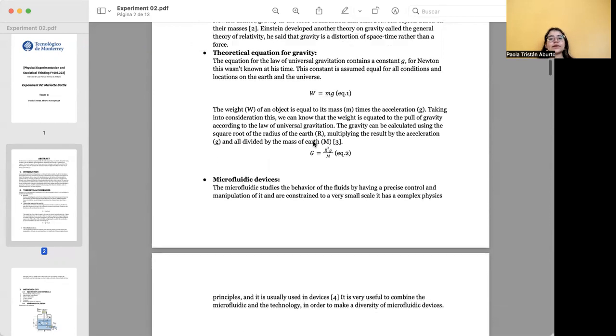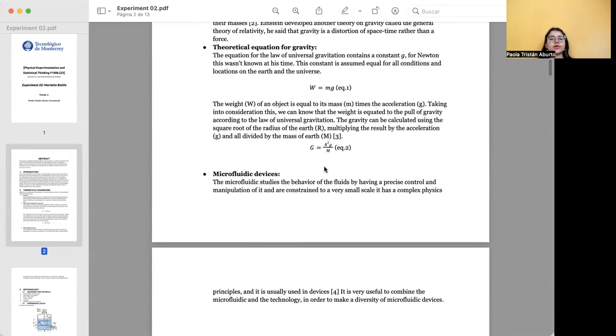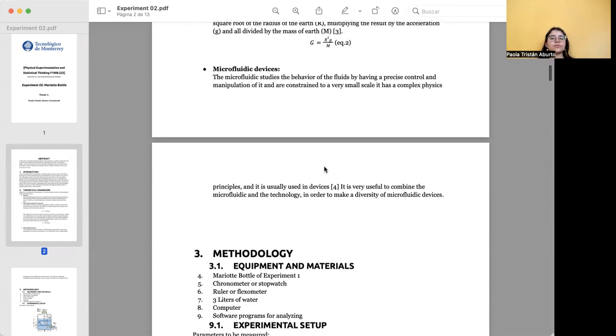After that, we can say that gravity can be calculated using the squared value of the radius of the Earth, multiplying by the acceleration, which is G, and dividing all by the mass of the Earth.